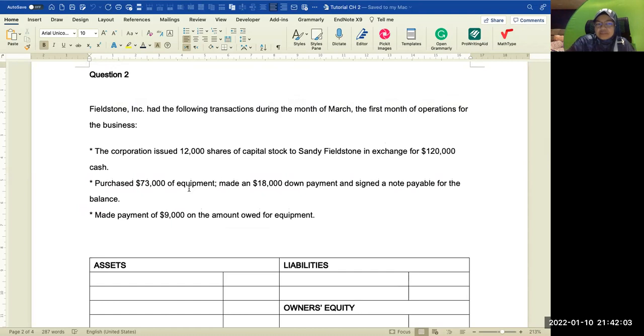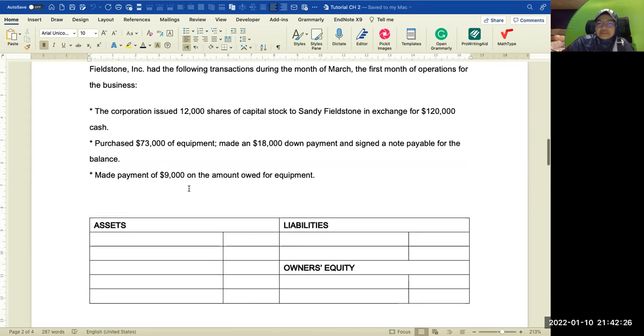Okay, thank you. I can say that the company issued 12,000 shares, with the cost of each share $10 US. So now the company has 120,000 US cash, with the total owner equity of 120,000.